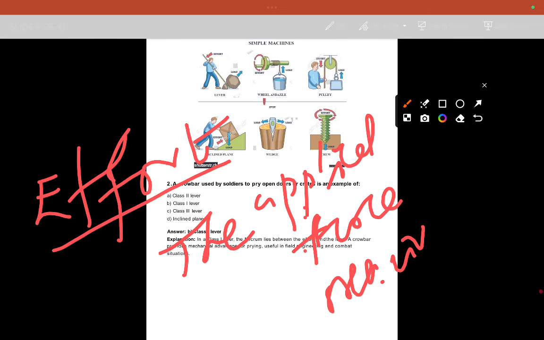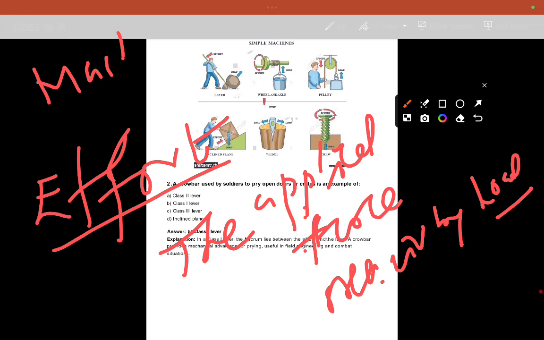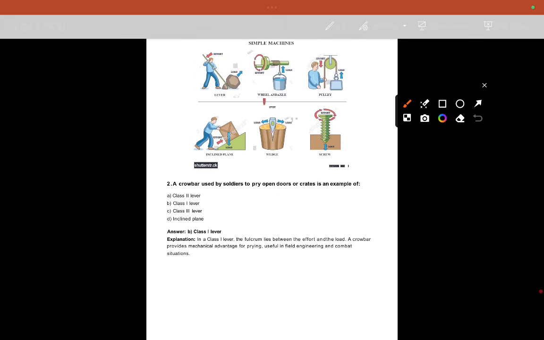Effort is the applied force required to overcome the load. Remember that concept. And one more term, mechanical advantage, represented by MA. Mechanical advantage is the ratio of load to effort.